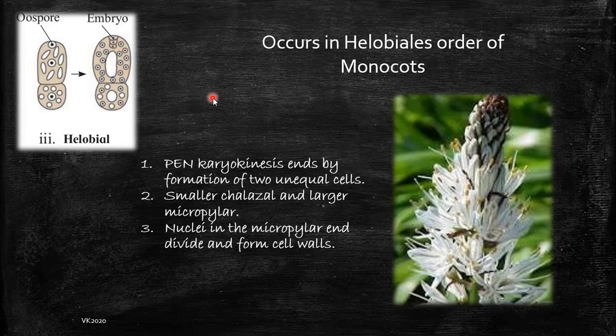This is normally observed in Asphodelus. Similarly, here it is tough to observe because it doesn't have really huge fruits, and because it is observed in the order Helobiales of monocots, it is known as helobial endosperm.